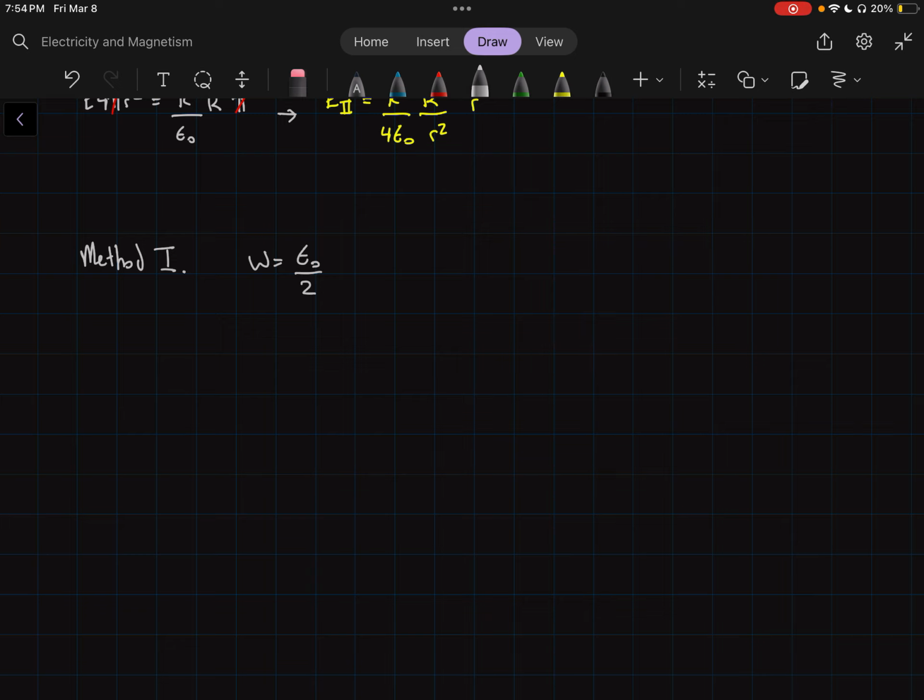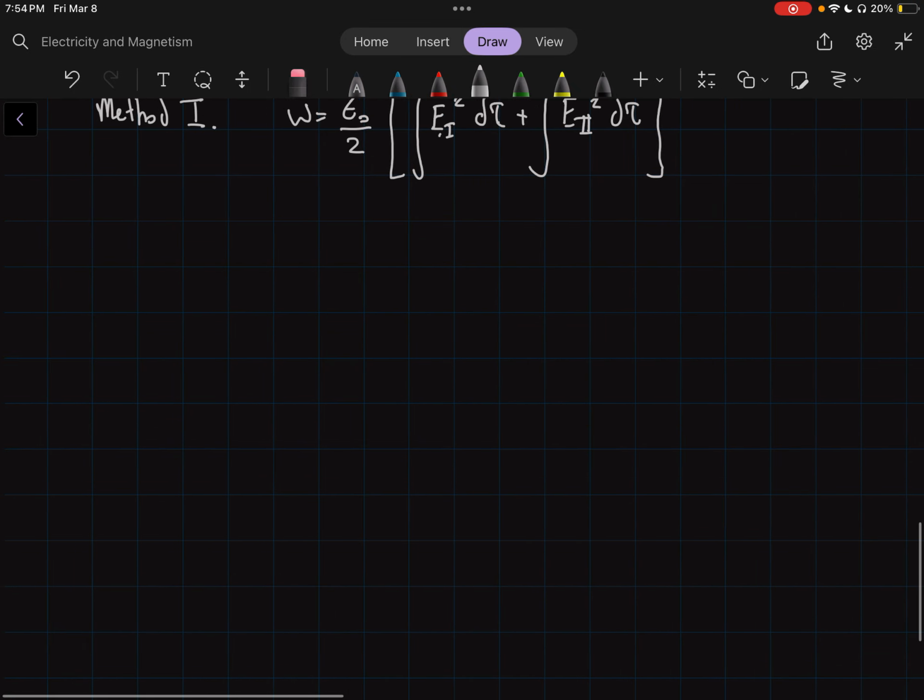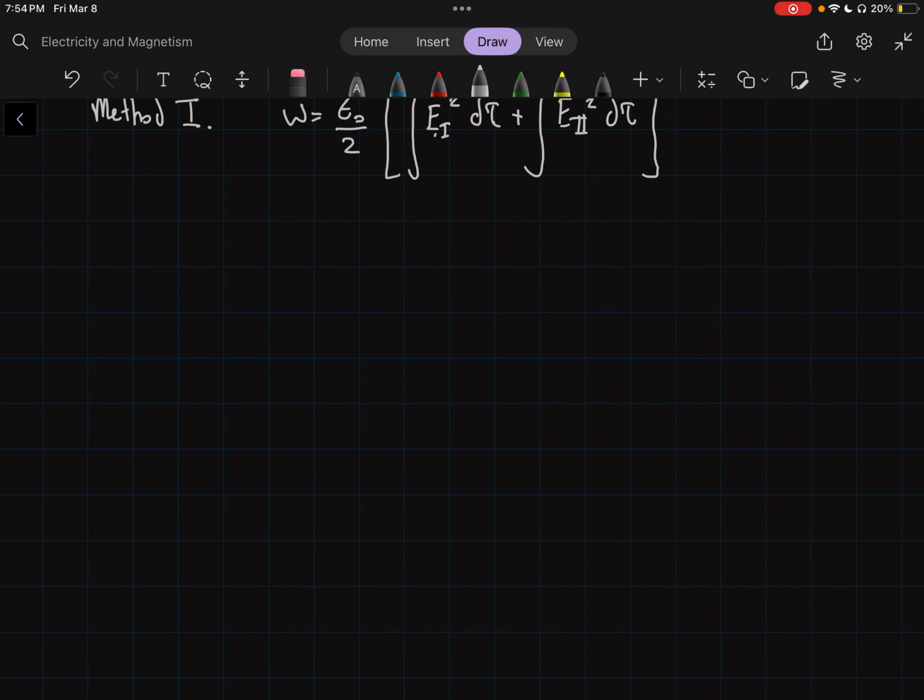Because we have two different electric fields, it will integrate over both of them separately and add them together. So it'll be like just like that.